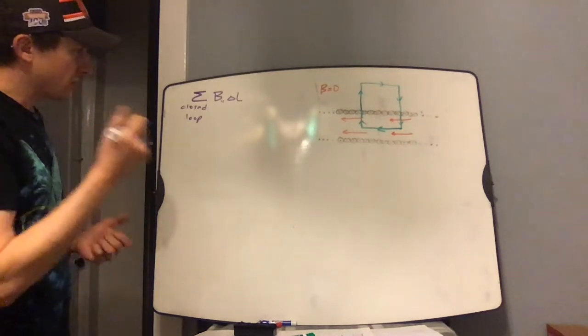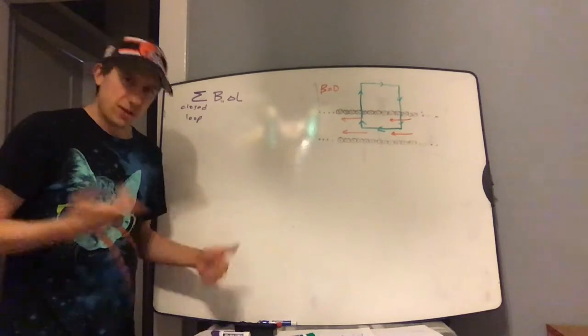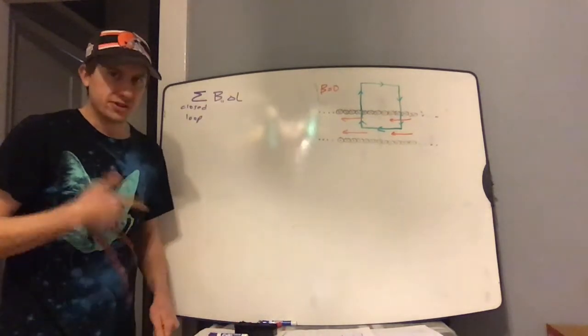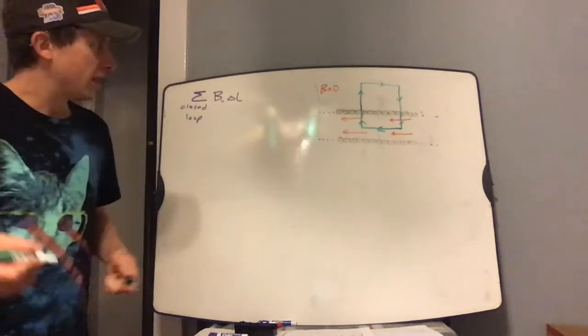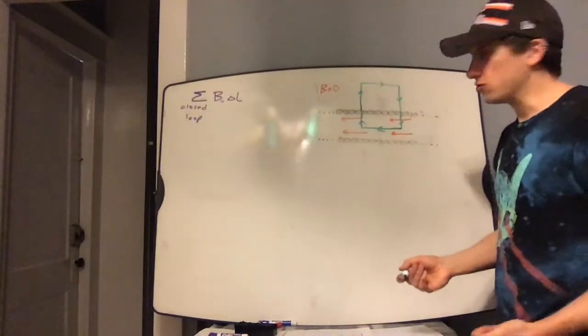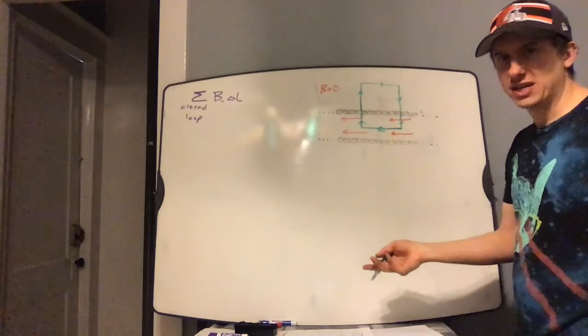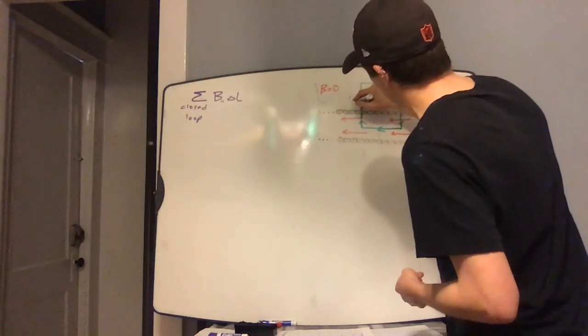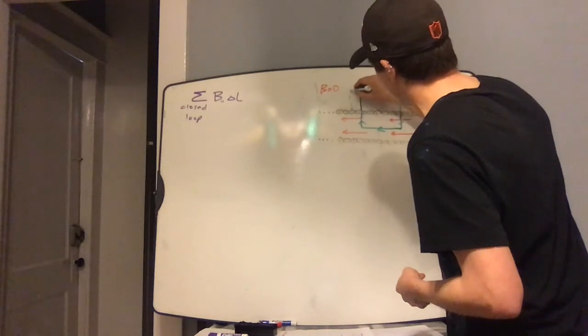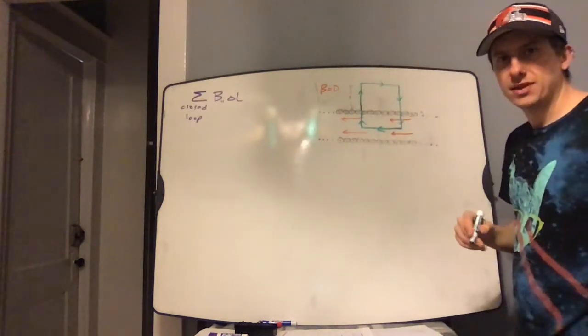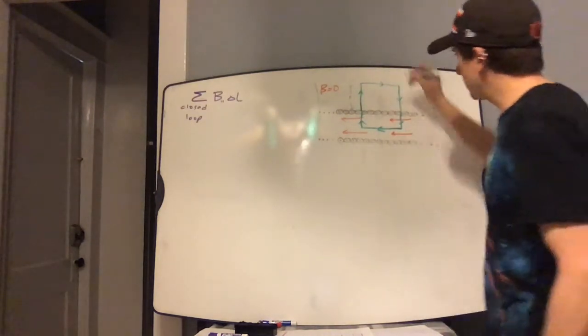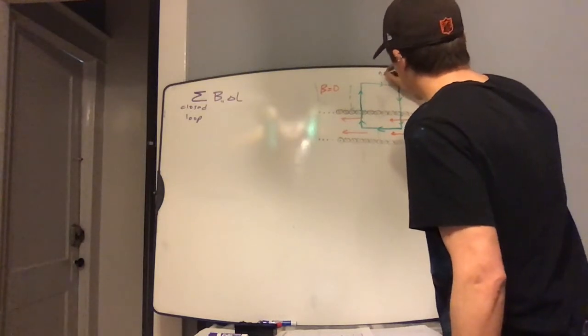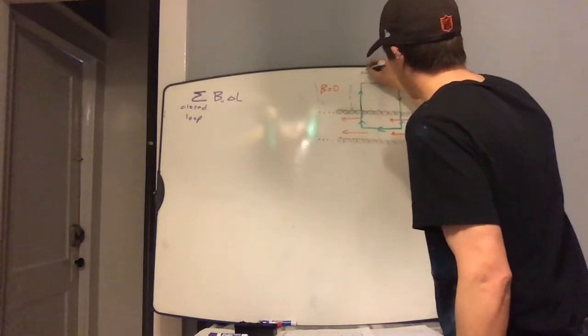So, around a closed loop, to make my life easier, I'm going to label different sections of the closed loop. Part one of my journey will be when I'm outside the solenoid, walking straight upward. Part two will be when I am walking to the right.